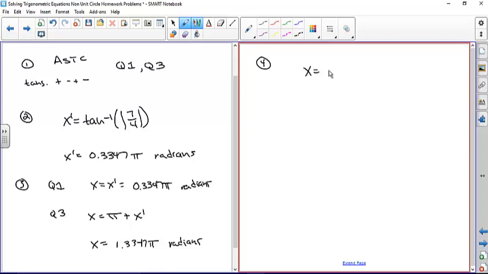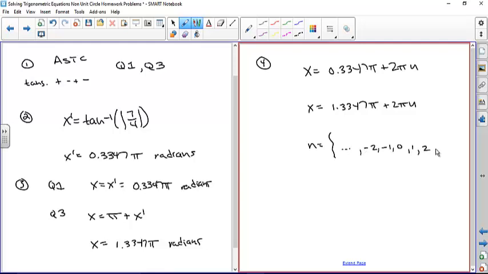So I'd say x is equal to 0.3347 pi plus 2 pi n. And the third quadrant solution is 1.3347 pi plus 2 pi n, where n goes between integers between negative infinity and positive infinity.